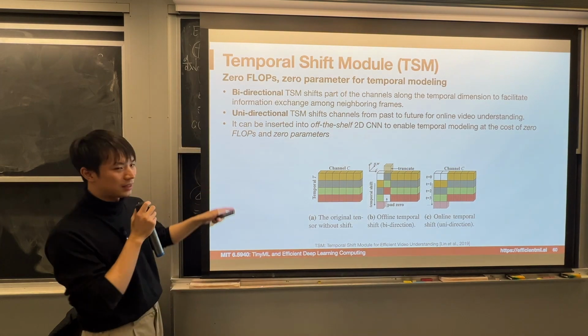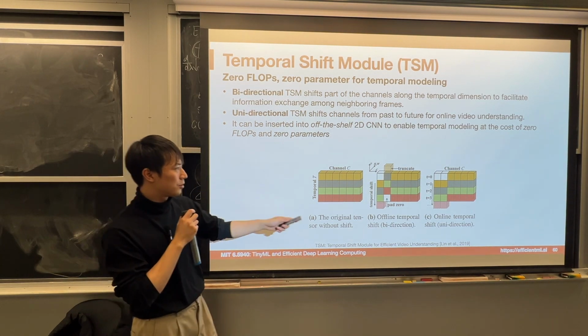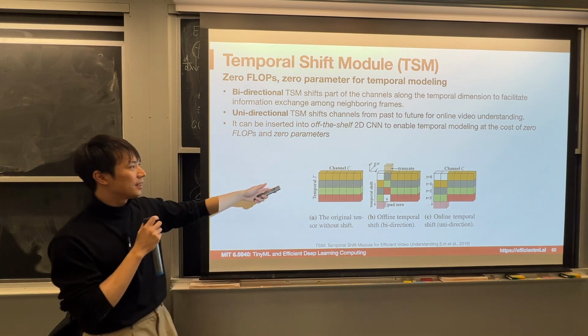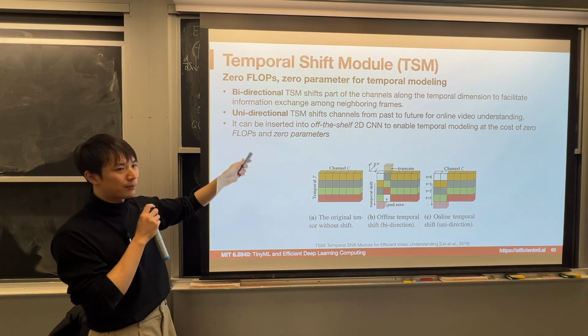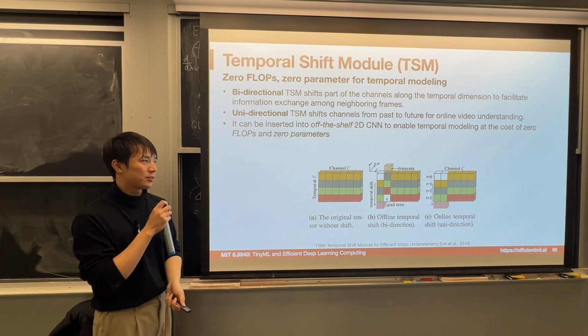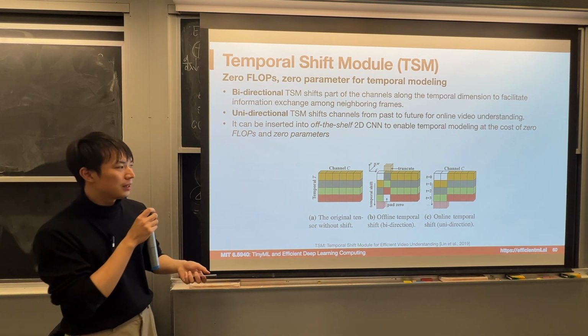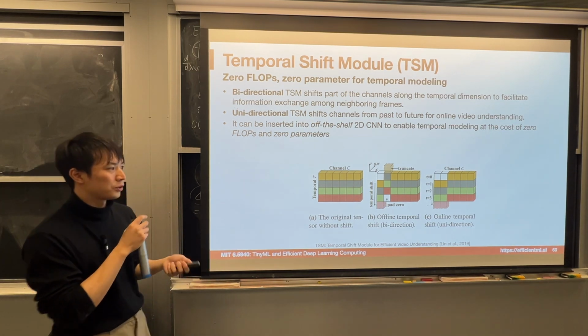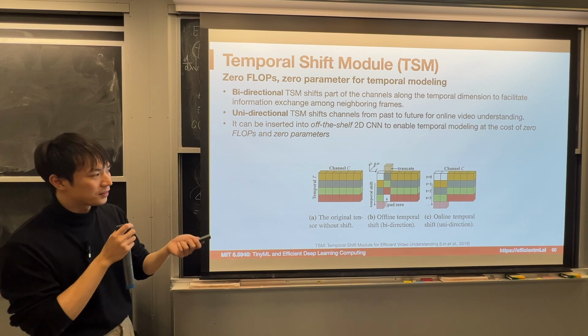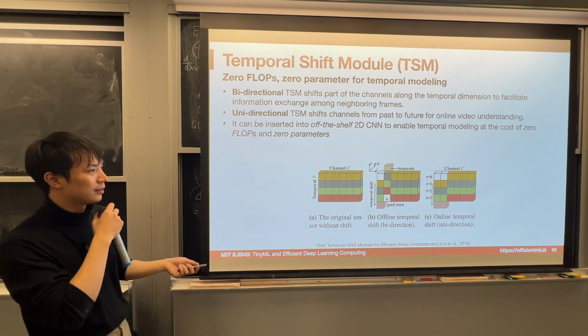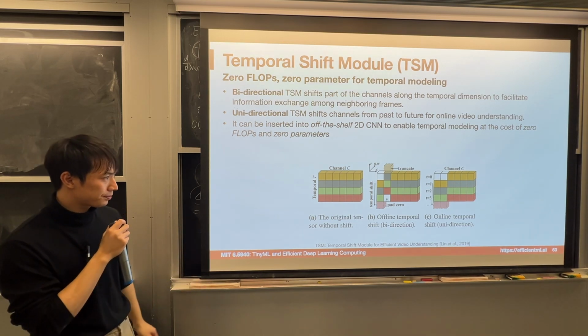The advantage of the TSM module is that it's simply an address shift. There's no cost in terms of parameter count or computation, because we just shift part of the memory, and it can be fused with the later convolutions to get rid of the memory manipulation cost.